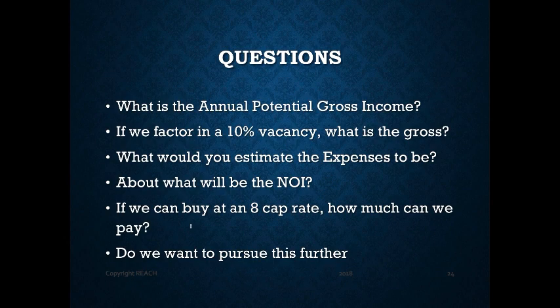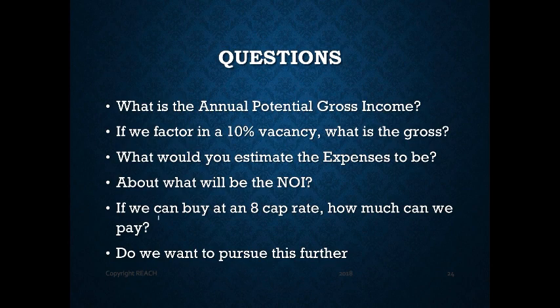So my expenses are $151,200. Then what is my NOI going to be? My NOI is going to be my gross minus my expenses. So it's $378,000 minus $151,200. That's $226,800. That is my net operating income.